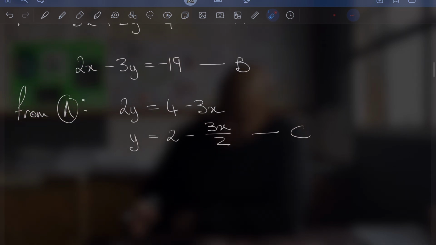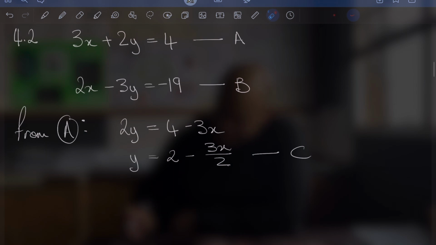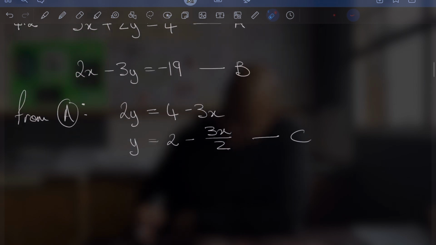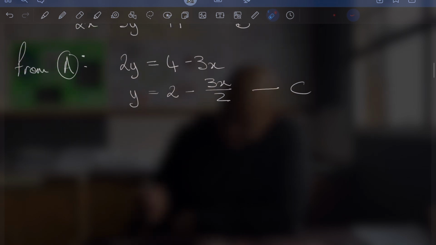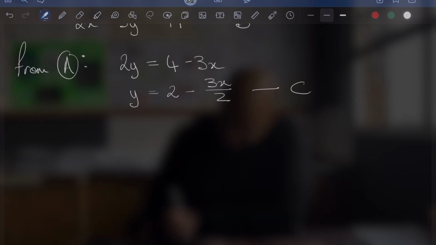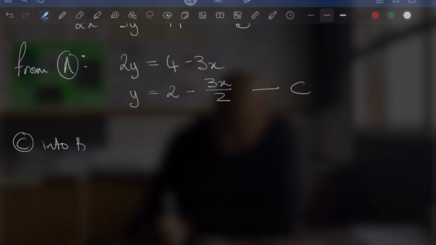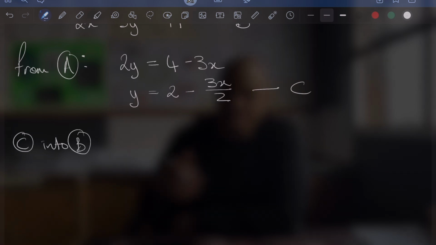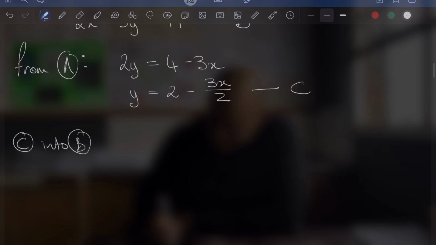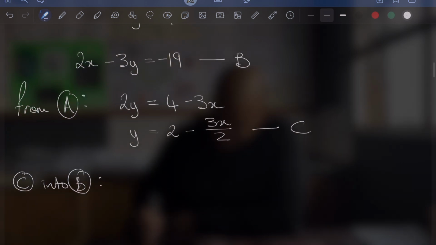Okay, but in this case, let's continue. Now I'm going to take equation C and substitute it into B. You can write substitute C into B, as long as you indicate that is what you're doing.